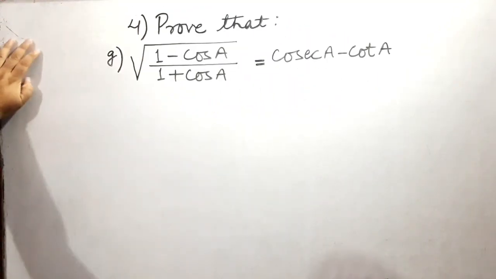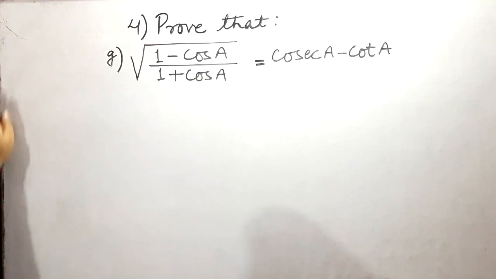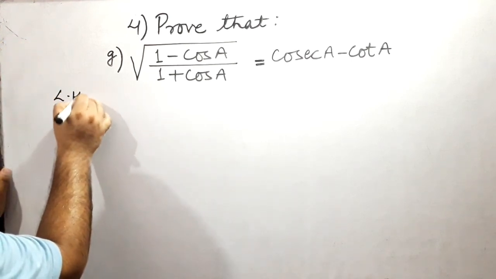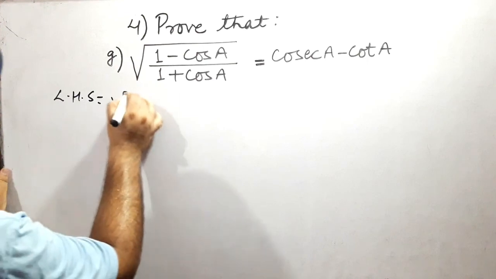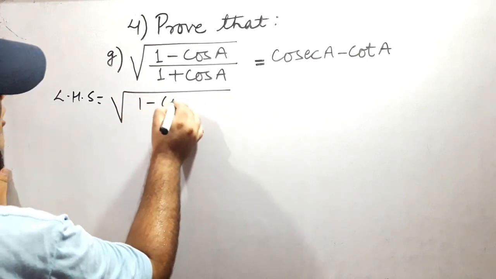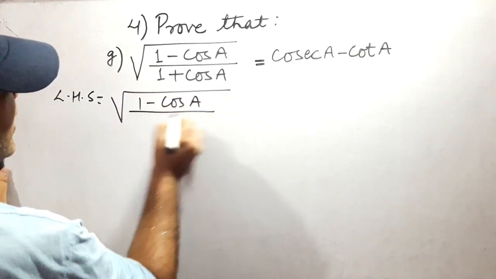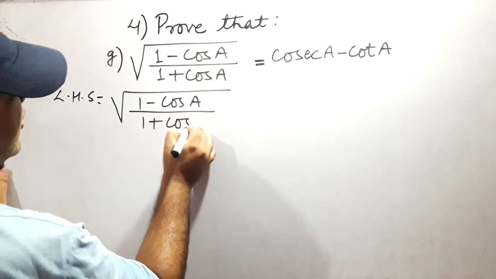Let's see the next question. This question is similar to the one before. Left hand side, root under (1 minus cos A) by (1 plus cos A).